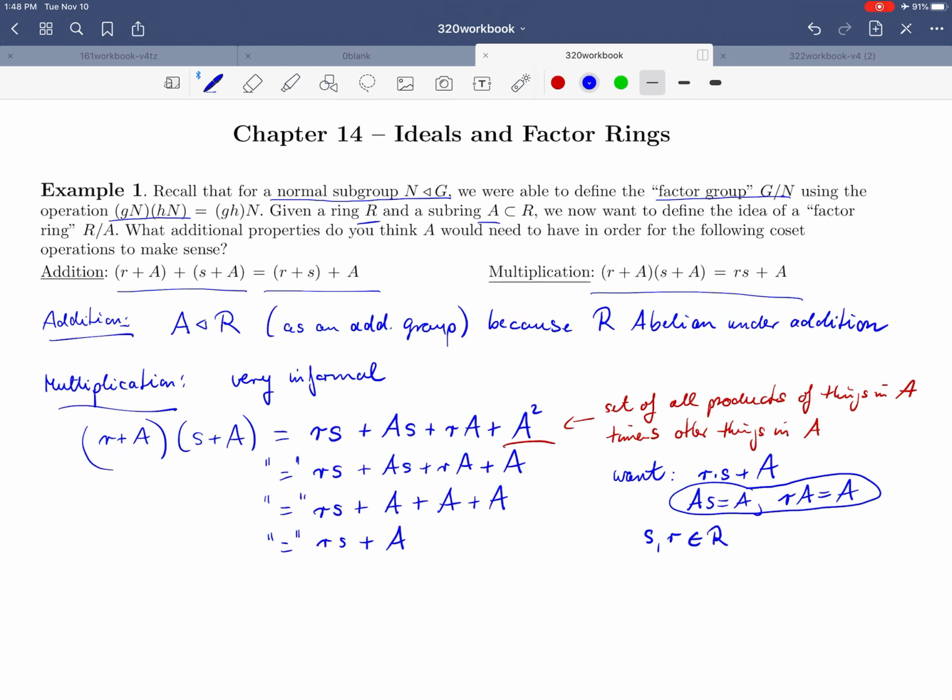And so if we are saying As is equal to A, it means you're taking something in A, you're multiplying by an s, you're getting something in A. So A times s is an element in A, and r times A is an element in A. This is like if you take an element in A and you multiply by something that's just in the ring, it gets sucked into A. And we call this the absorption property.